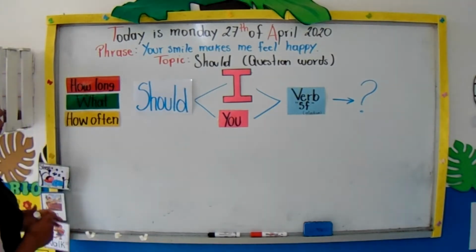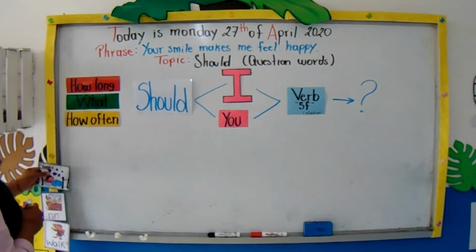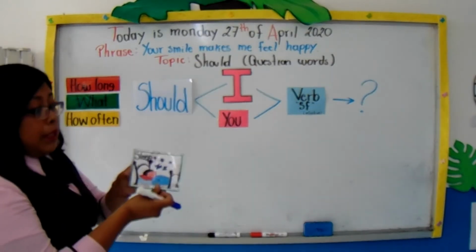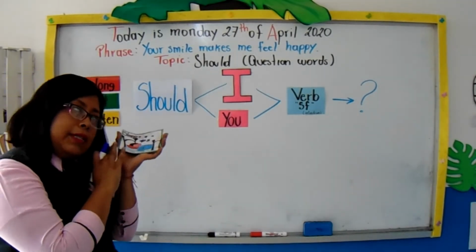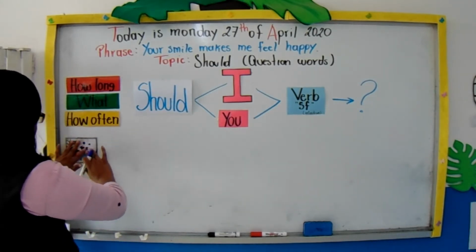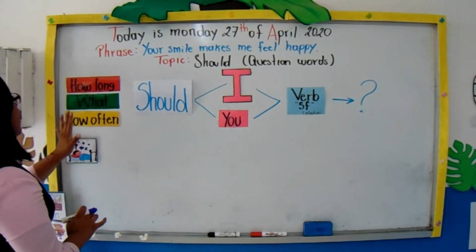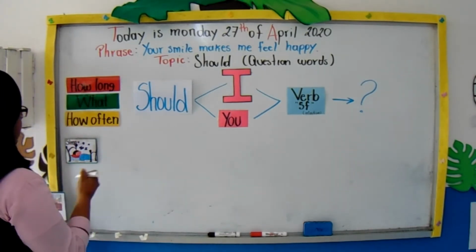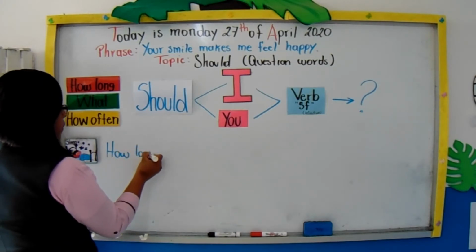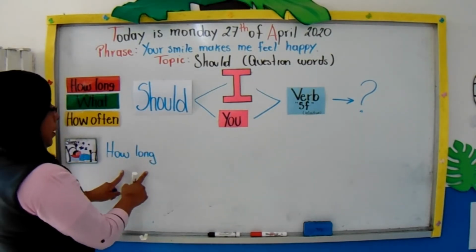Yes? So, for example, when I want to start, I'm going to use the verb sleep. The meaning of sleep, it is like this. Yes? Dormir. And we have to start with this one. It is how long, por cuánto tiempo.